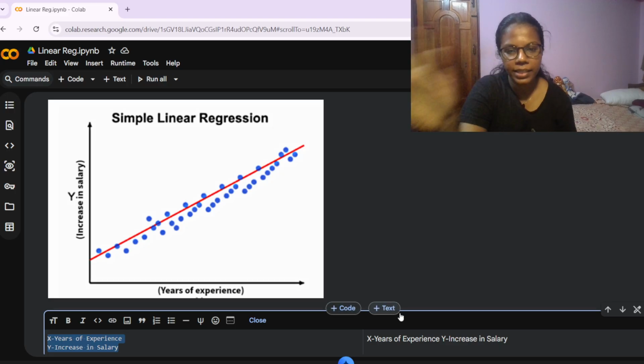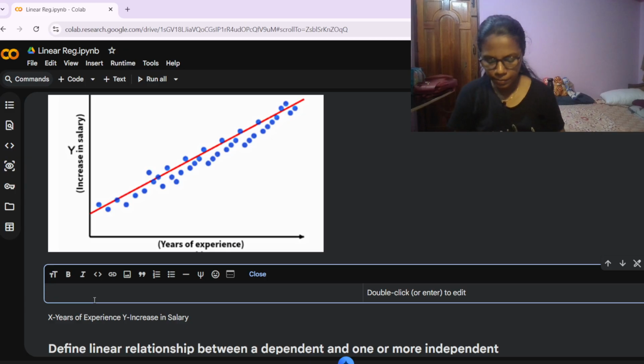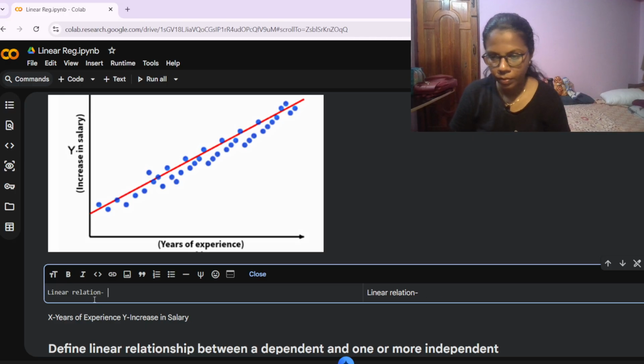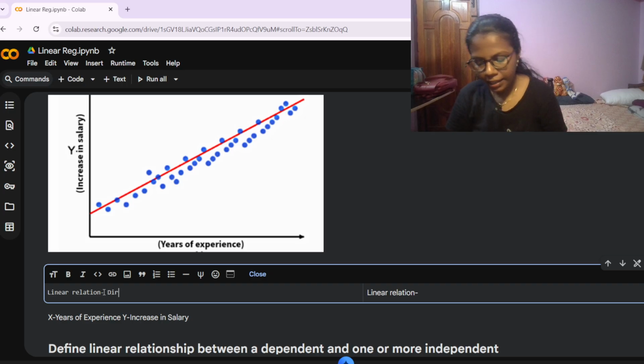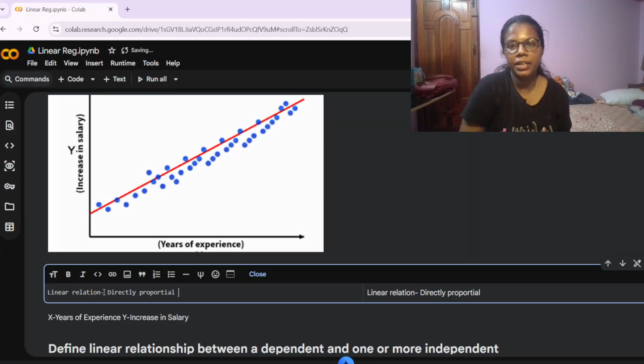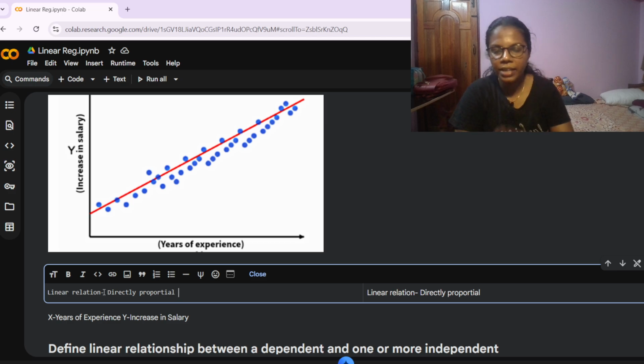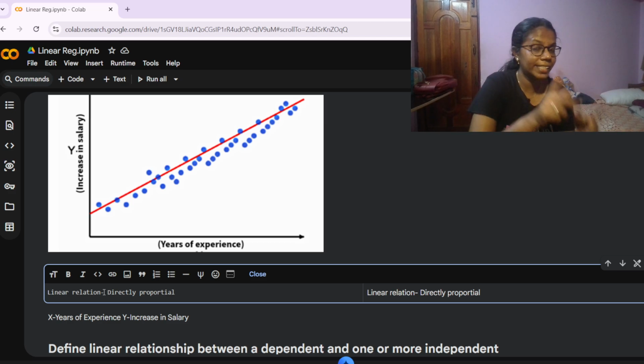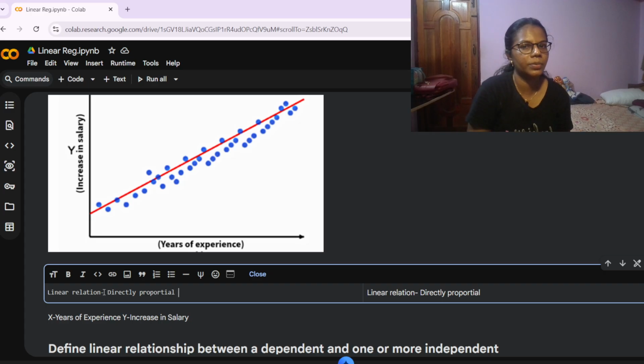So linear relationship, in simple words, is directly proportional. If a value increases, it increases. If it decreases, the other value that we are going to predict will also decrease. So it tells us clearly that this value is going to affect the second value, but the second value is not going to affect the first value.